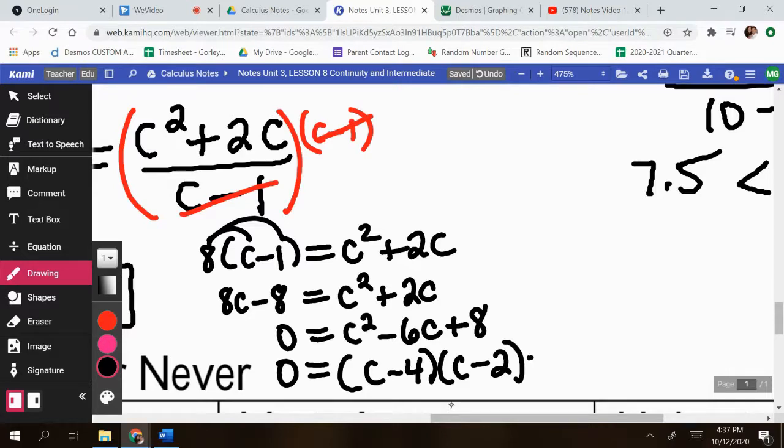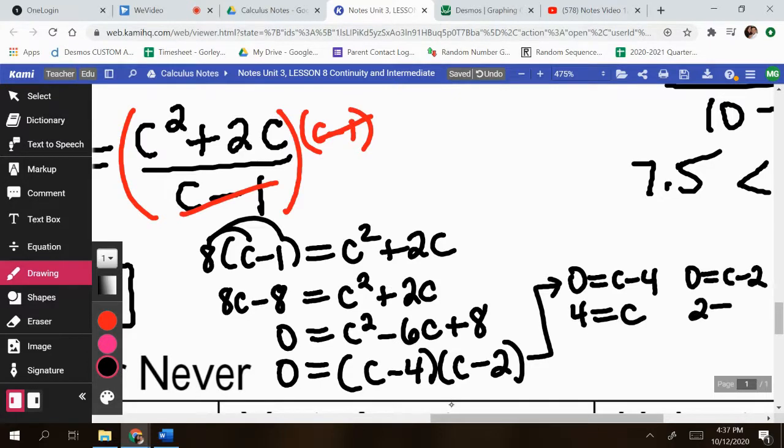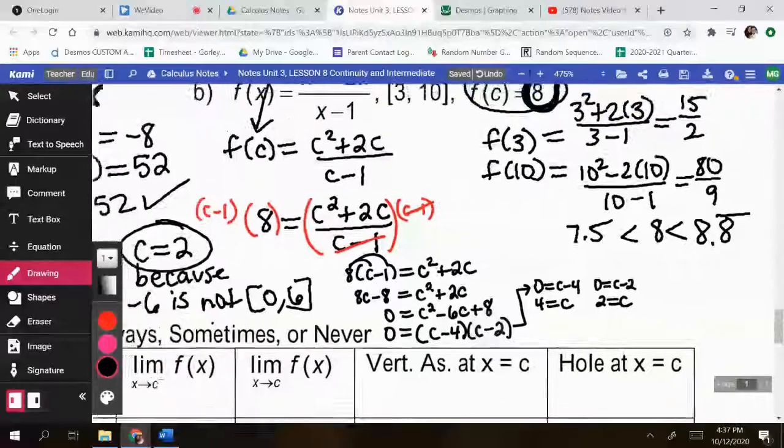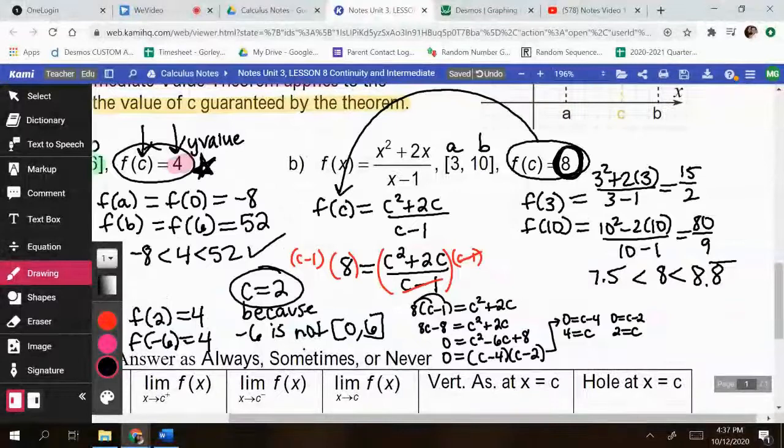Set each factor equal to 0. Add 4 on both sides, add 2 on both sides. Okay, now one of those answers is not correct. Which answer would we have to exclude? 4 or 2?